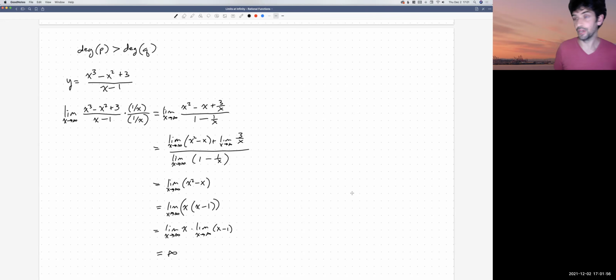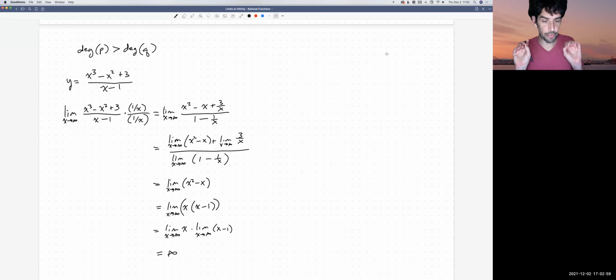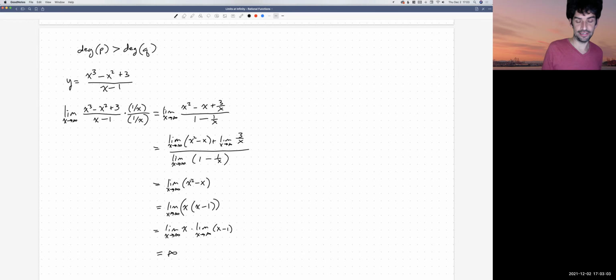Okay, and this is going to be the case whenever we have the degree in the numerator greater than the degree in the denominator, right? It might be positive, it might be negative, but we're always going to have an infinite limit. We can even say a little bit more than that. Notice what this came down to.